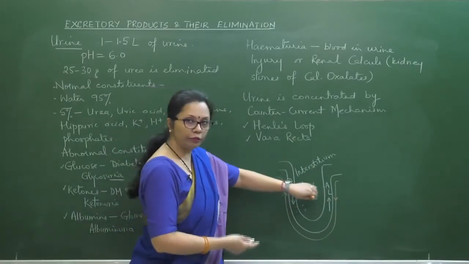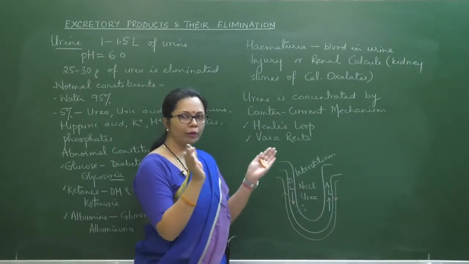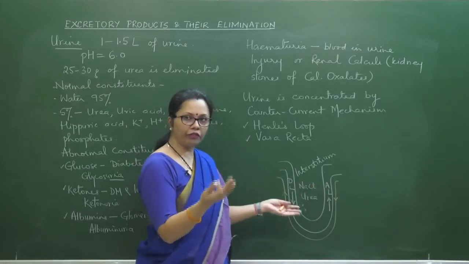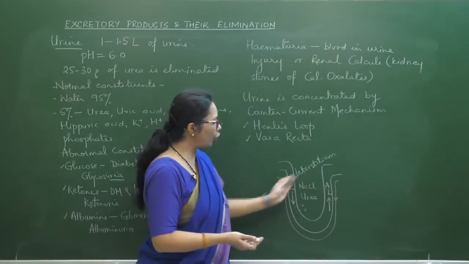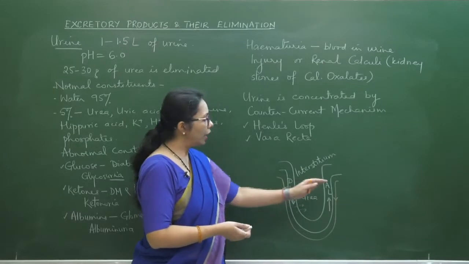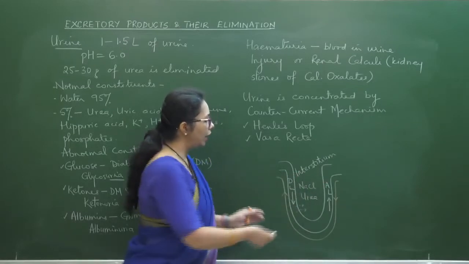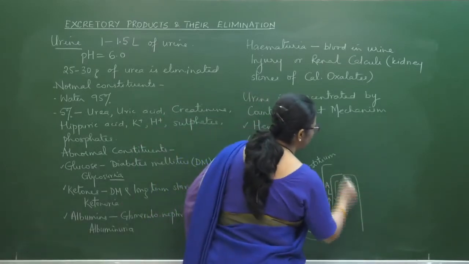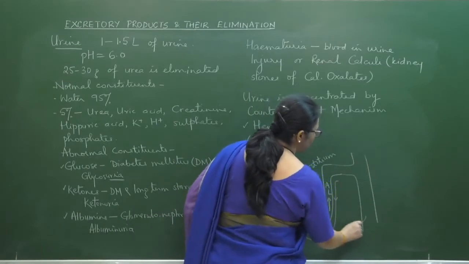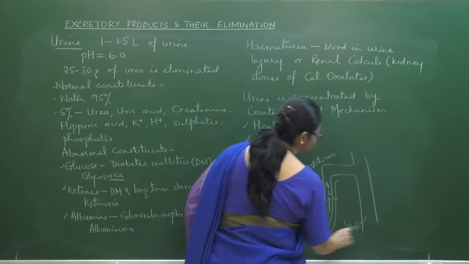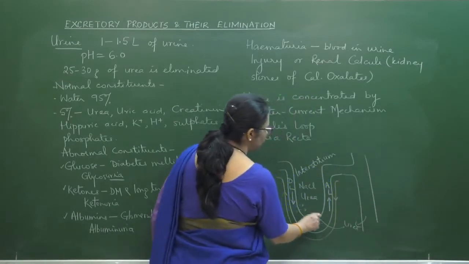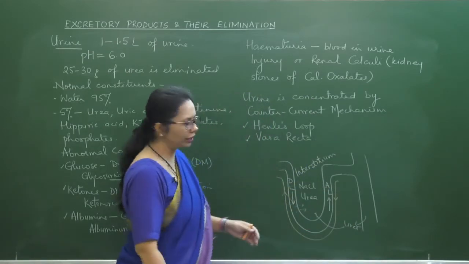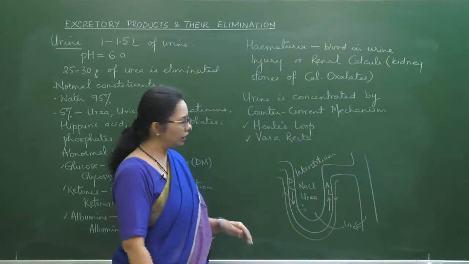Passive transport would have been up to a certain extent only, but active transport can be against the gradient. So a lot of NaCl it is transporting, which is filling up over here, and we have just now mentioned that in the collecting duct the urea passes out passively. This urea also comes here, from here to here, that also gets collected, and this way the urine is concentrated.